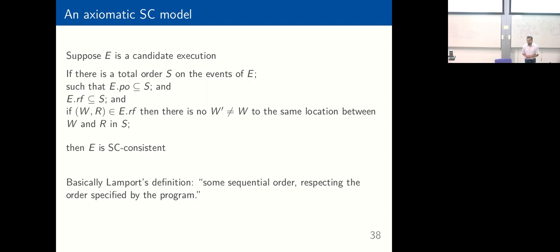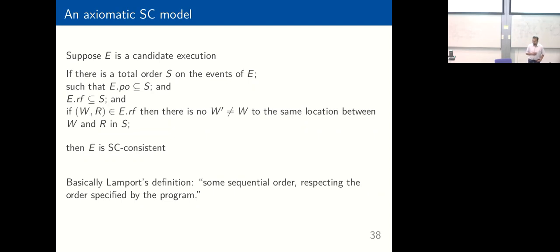The conditions say, first of all, that the program order relation of this candidate execution is contained within this linear order S whose existence I have postulated. Second, the reads-from relation is also a part of this total order S that I have postulated.